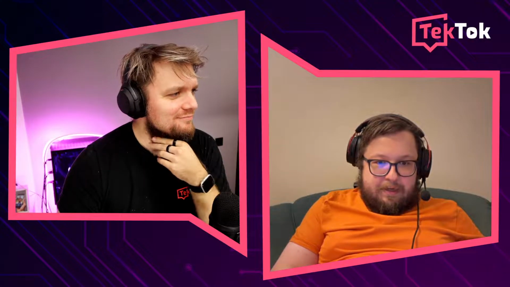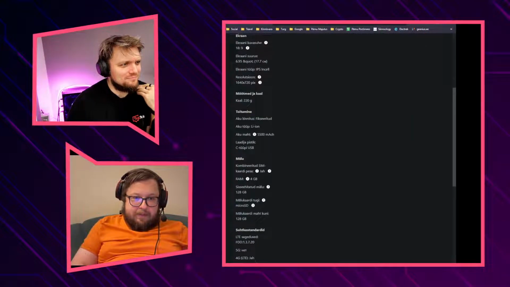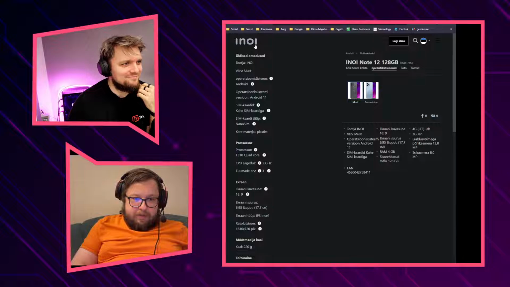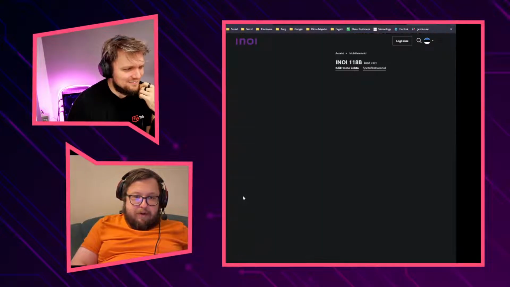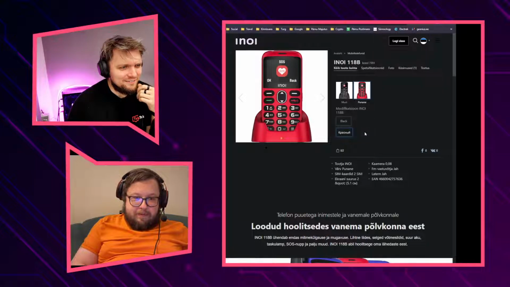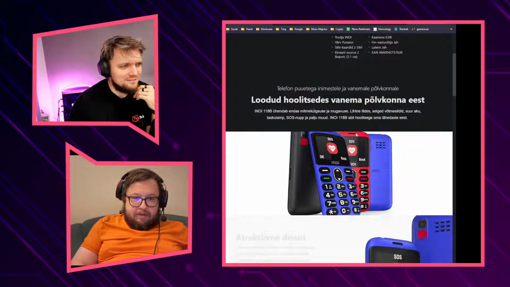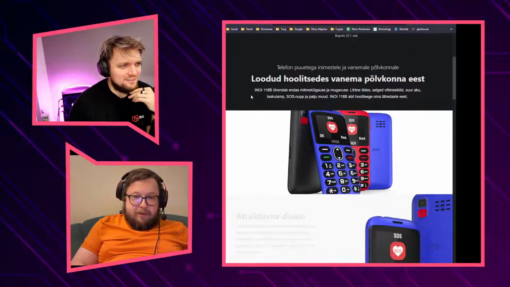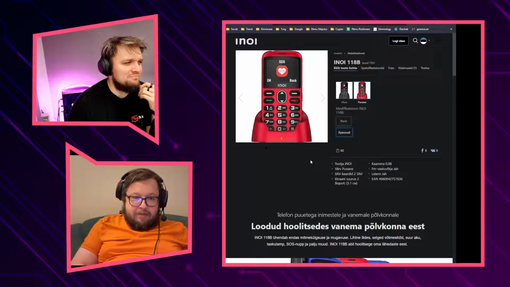In 2017, they had their first phone on the Russian operating system. But then they moved over to Android. In 2019, this company was the leader of affordable smartphones in Russia.